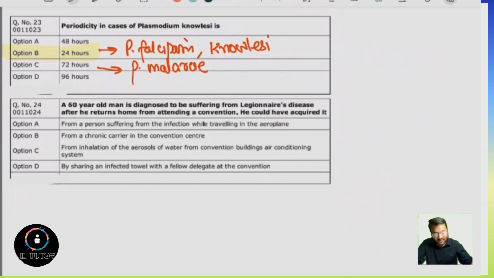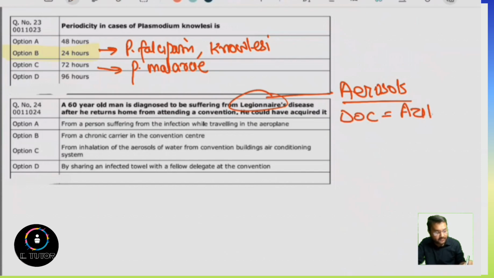The next question is, a 60-year-old man is diagnosed with Legionnaires disease after he returns home from attending a convention. He could have acquired it through. So Legionnaires mainly spreads through aerosols, and the drug of choice for Legionnaires is azithromycin. So among the given options, let's read them.